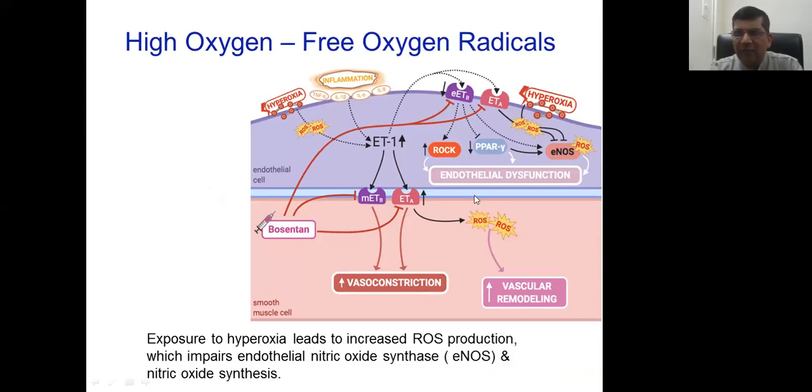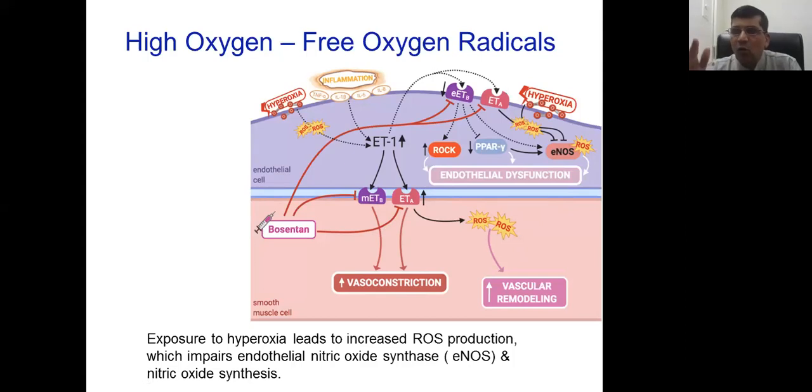Ultimately, when nitric oxide synthesis is impaired through this endothelial nitric oxide synthase enzyme, we are in big trouble. This dysfunction ultimately leads to vasoconstriction. So on one side you want a vasodilator, but because there is hyperoxia, you end up with vasoconstriction.